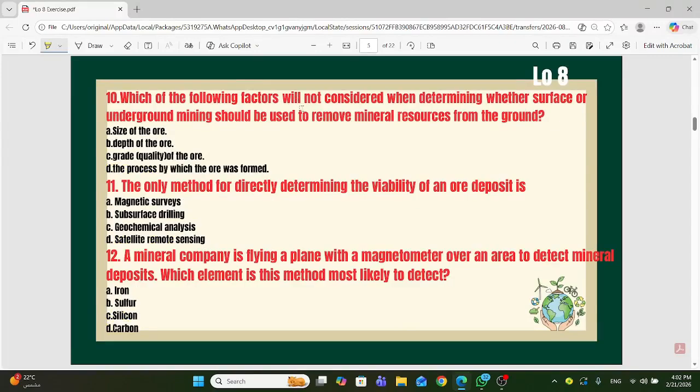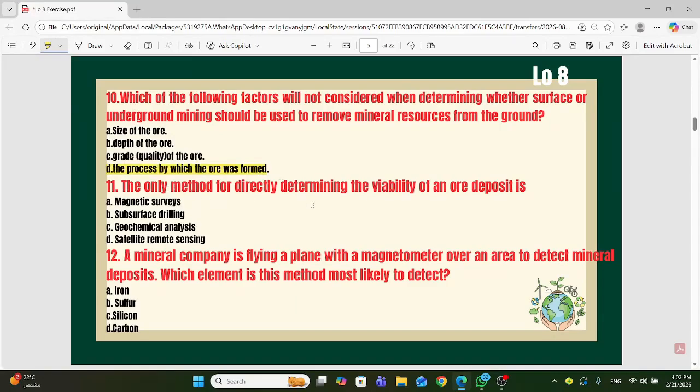طيب which of the following factors were not considered when determining whether surface or underground mining should be used to remove mineral resources from the ground؟ طيب إيه من دول اللي مش هيأثر؟ طيب size of ore، ولا depth of ore ولا grade أو quality of ore؟ ده كله بيأثر. يبقى the process by which the ore was formed، دي مش هتفرق معايا أوي.